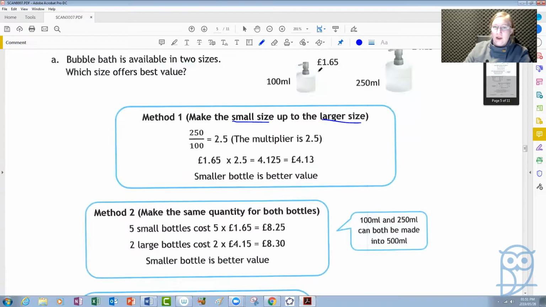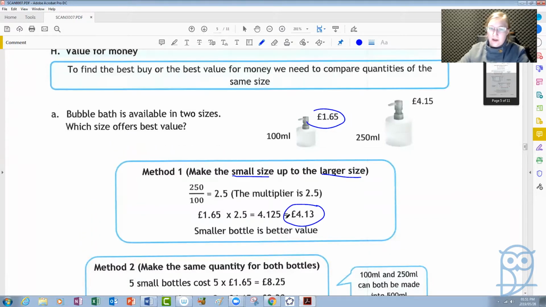And if we do that, we need to multiply our price over there by 2.5 as well. So that's what they're doing here. And then they get £4.13 for that bottle. So now we've got them in comparable quantities. So this one is for 250 mils as well. So now we can compare the prices. This one is £4.13 and that one is £4.15. So this one will obviously then be better.